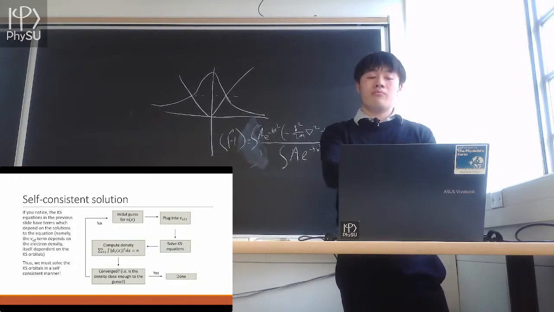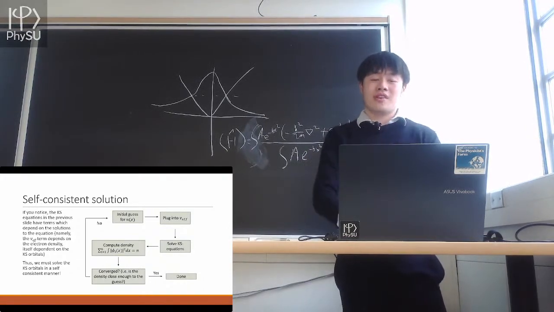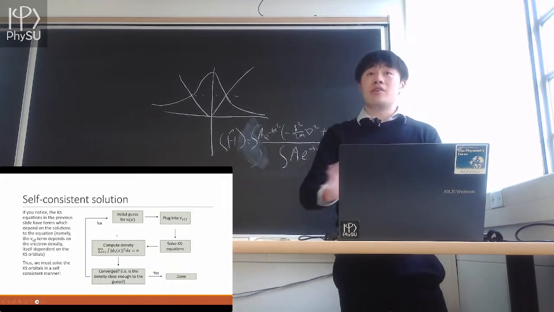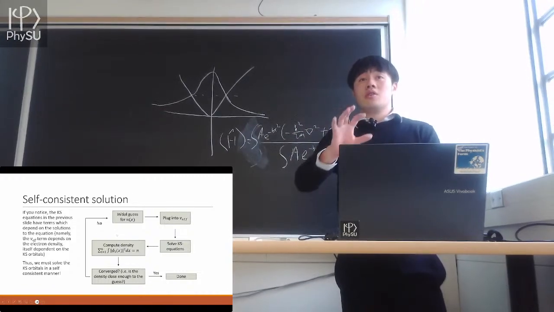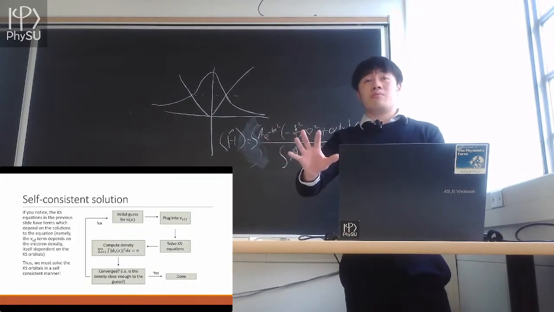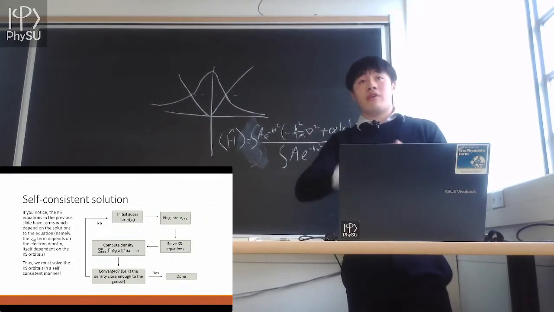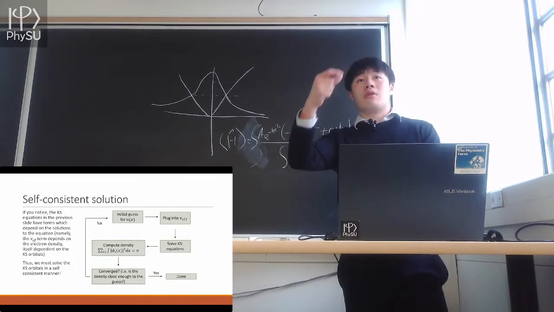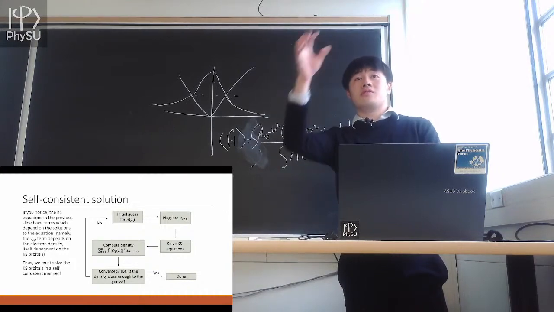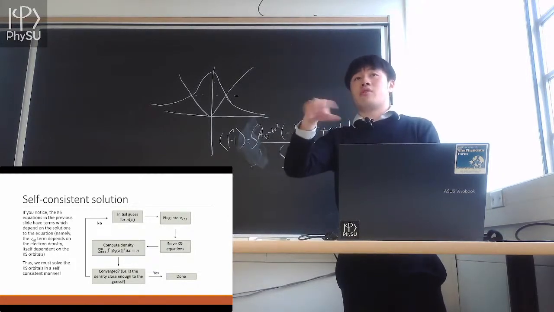So no, you don't plug in the first initial guess. Sorry, I guess this isn't very clear. After you solve the Kohn-Sham equations, you can find a new density from the orbitals in your solution, because you can just take the amplitude squared of the orbitals and sum them up, and that gives you a new density.